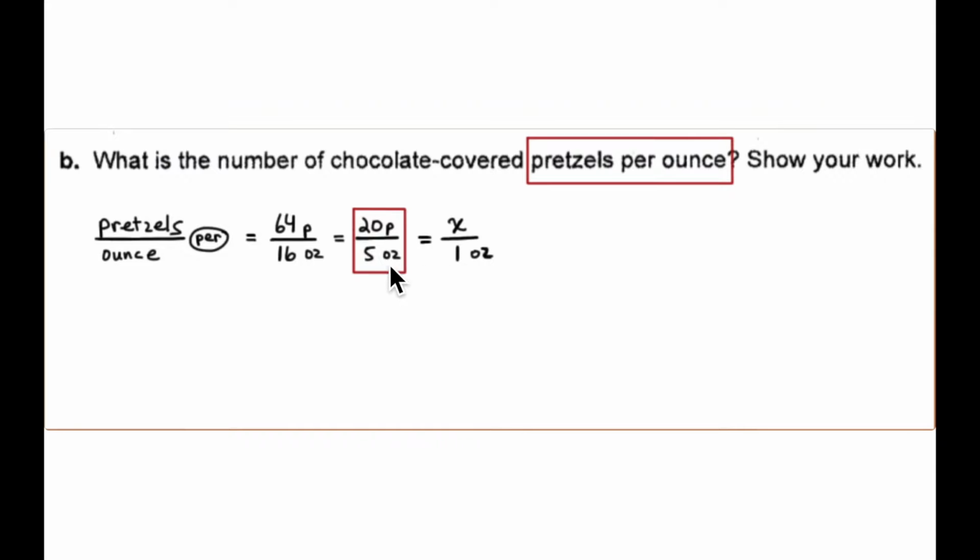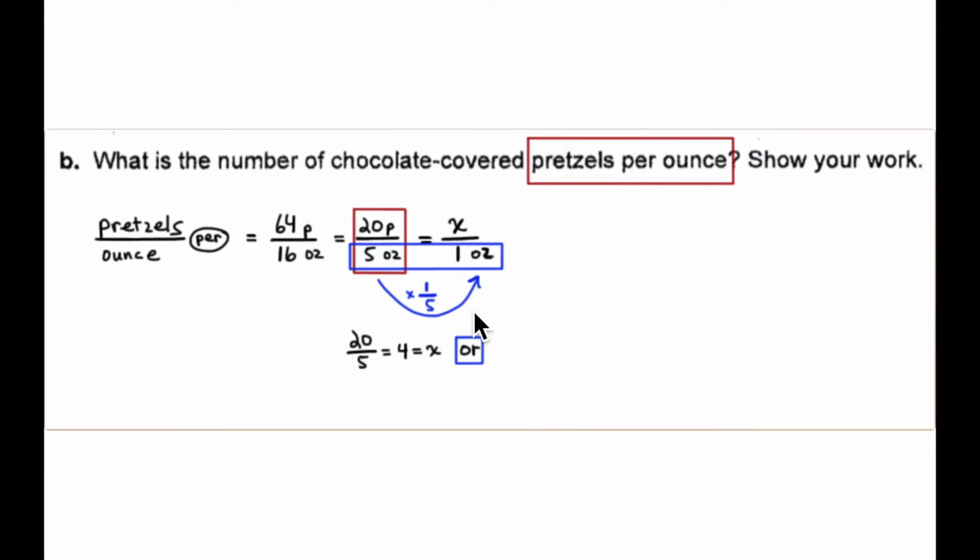So now here's that fraction once again. 1 ounce is going to be 1/5 of this 5 ounces. So I'm going to get 1/5 as many ounces. That means I have to get 1/5 as many pretzels. So one way to figure that out is just divide by 5. 20 divided by 5 is equal to 4 pretzels in 1 ounce.